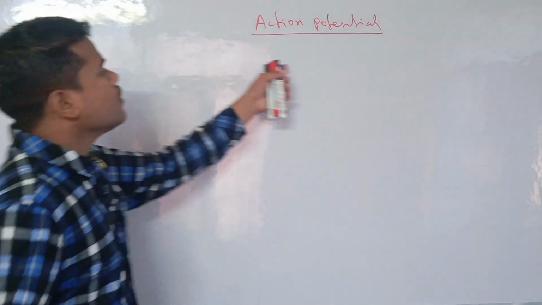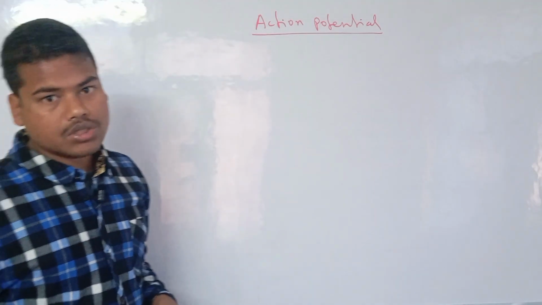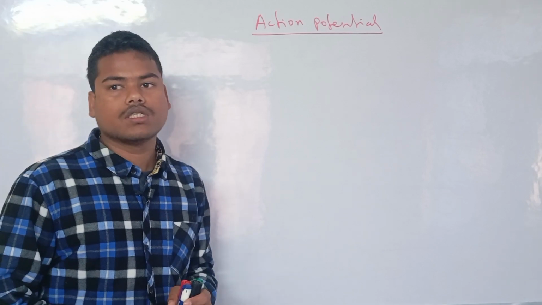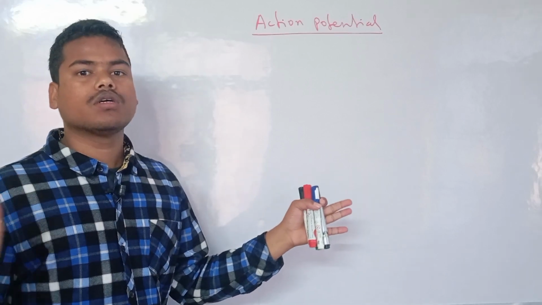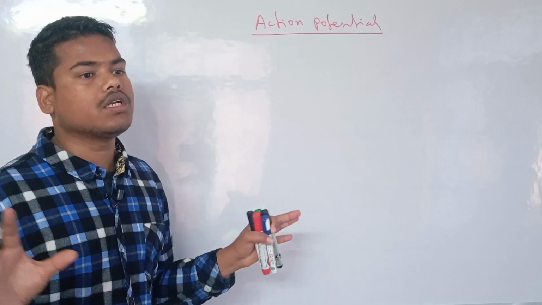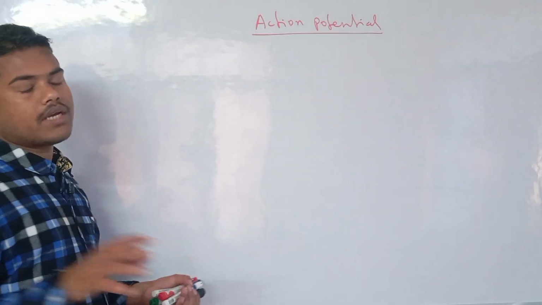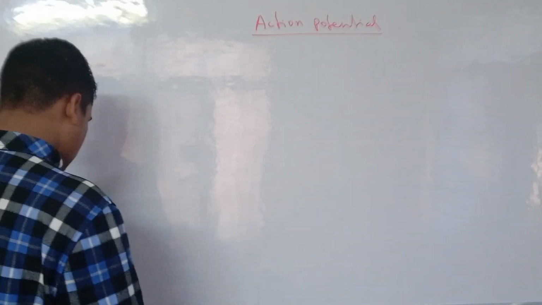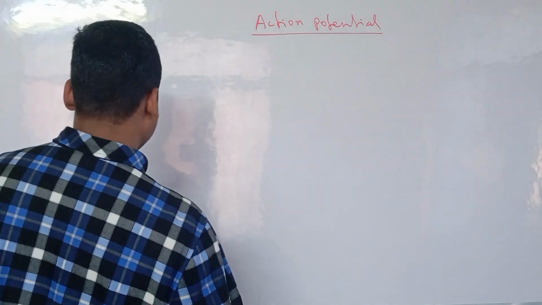Action potential is defined by many authors, and the definitions are somewhat different, but the theme is nearly the same in all of them. You can follow any definition, and I included the definitions in the notes also.